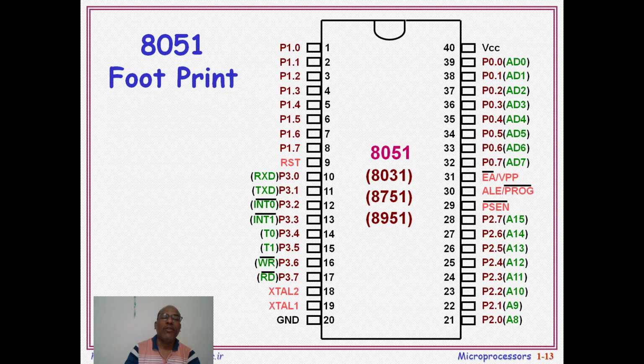When we see the footprint of this 8051, it looks like this. All these are the equivalent ICs of 8051, such as 8031, 8751, 8951, etc. It uses a total of 4 ports, that means port 0, port 1, port 2 and port 3. We already discussed that.